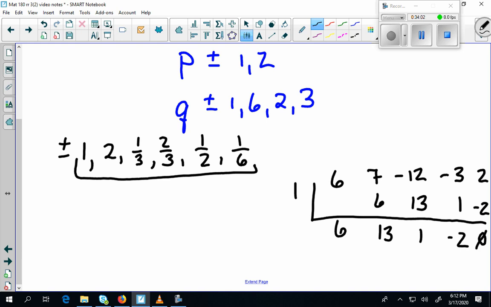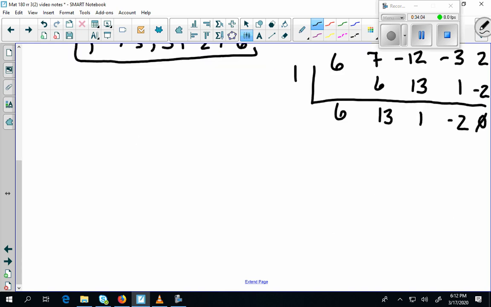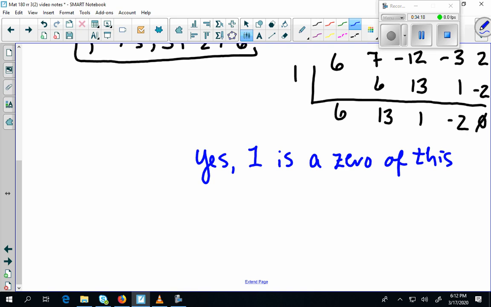So yes, 1 is a 0 of this function. And furthermore, I know that x minus 1, that quantity, is a factor.